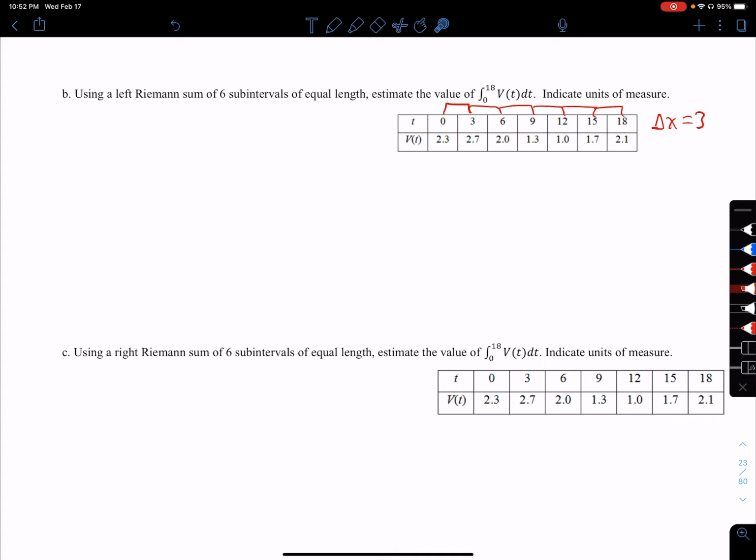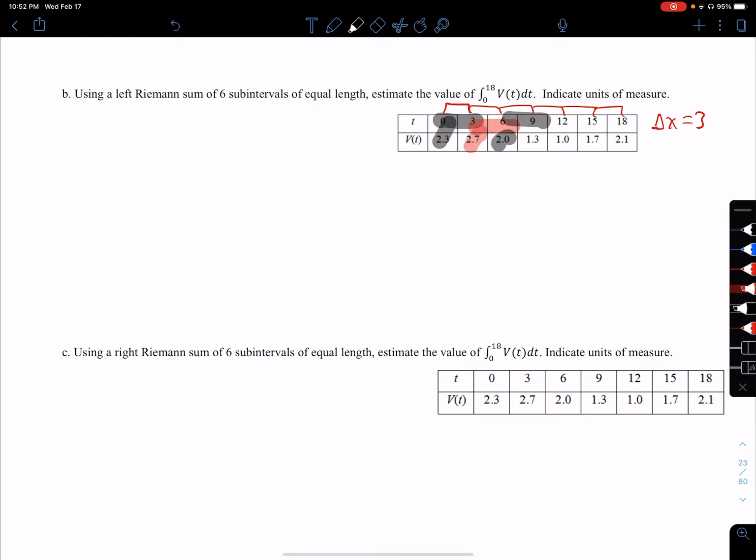Using left Riemann sums, we're going to be using the numbers on the left each time. So for this subinterval, we're using 2.3. For this subinterval, we're using 2.7.